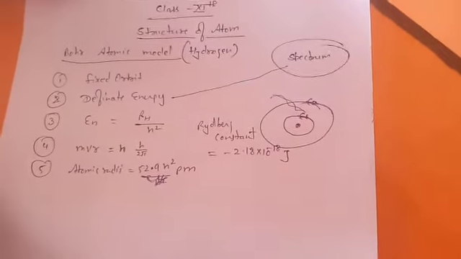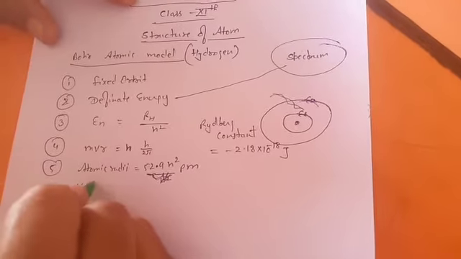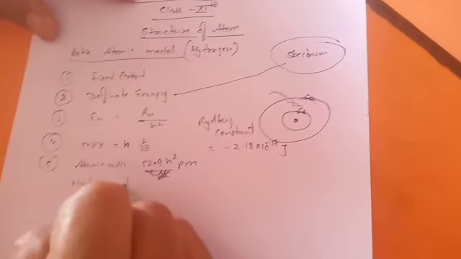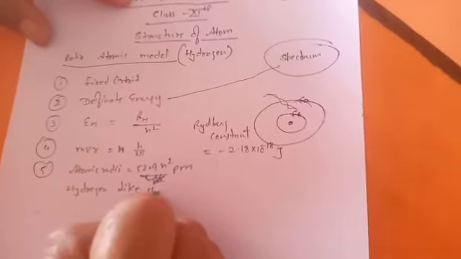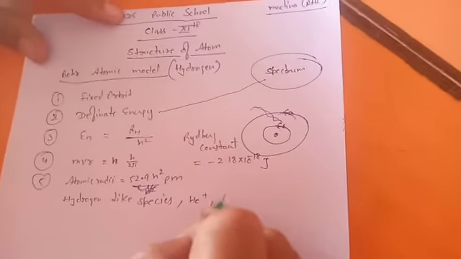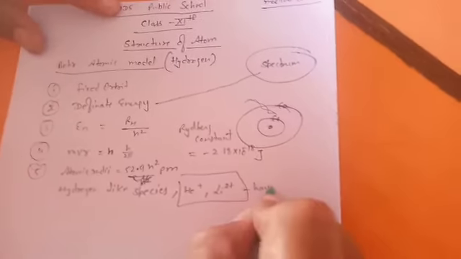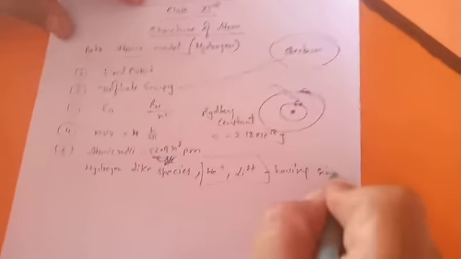So these are true for hydrogen, or you can say hydrogen-like species. Hydrogen-like species means helium plus, lithium 2 plus, having a single electron.